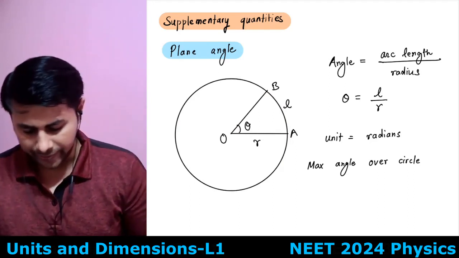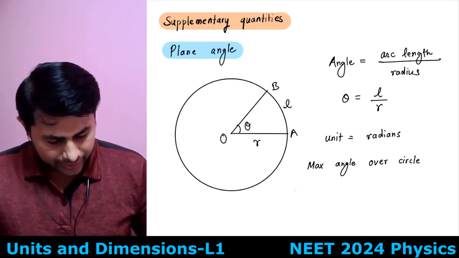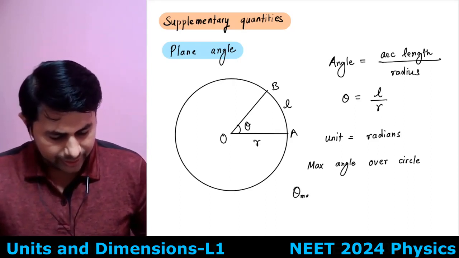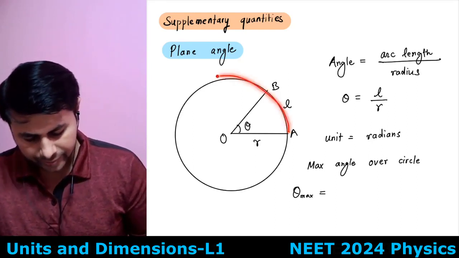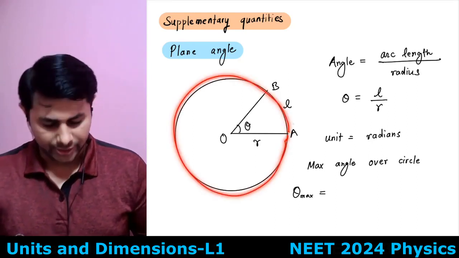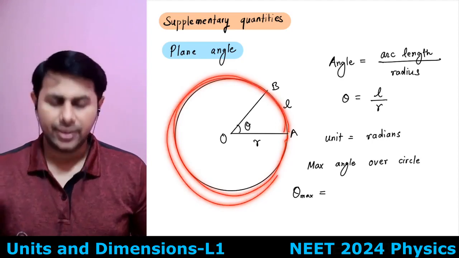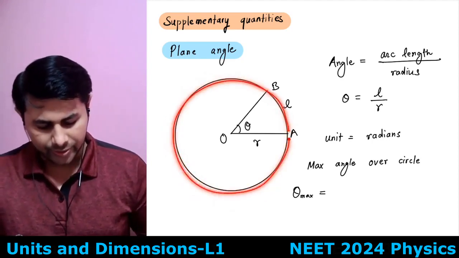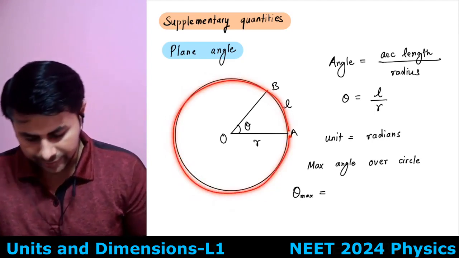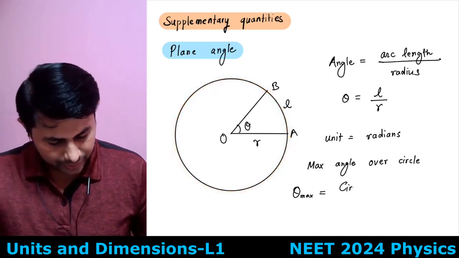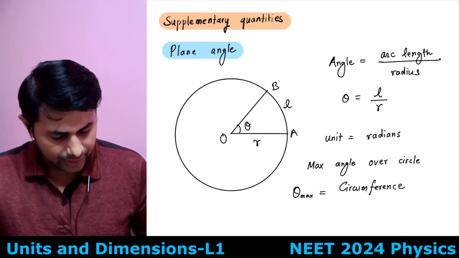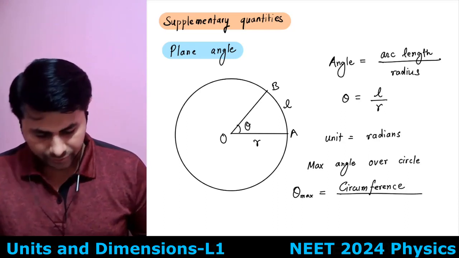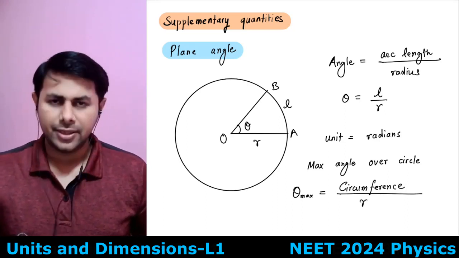How? Let's see. Let me call the angle theta max. If I cover a complete revolution on the circle, then the arc length will be equal to the circumference of the circle, and we have radius in the denominator.